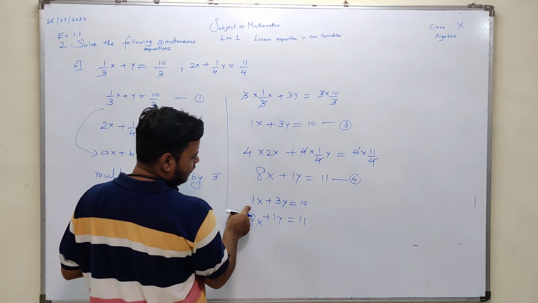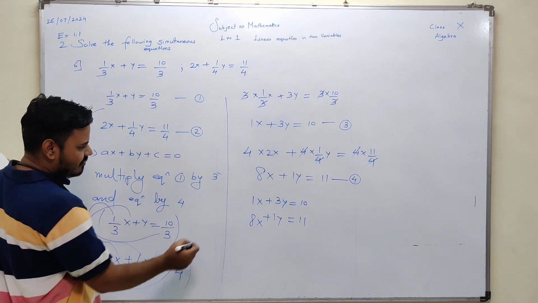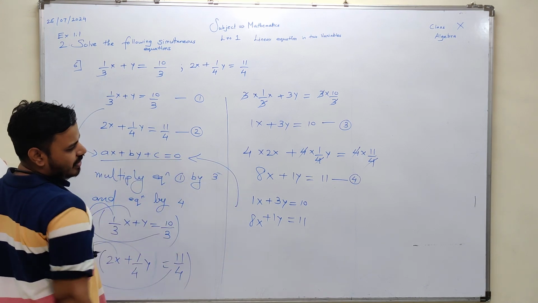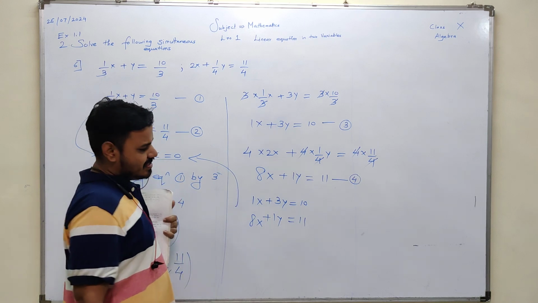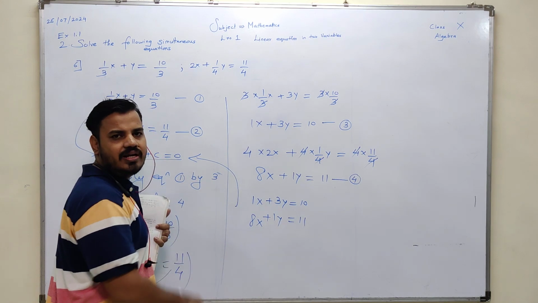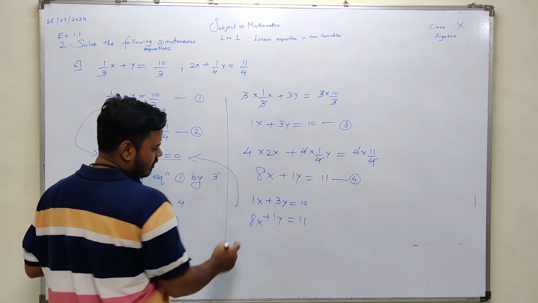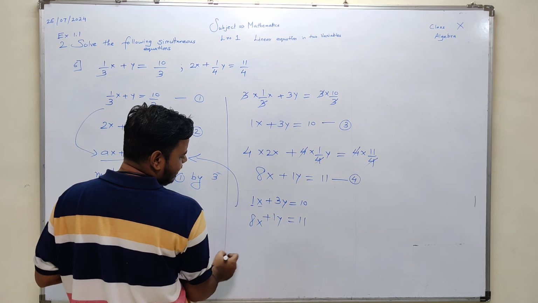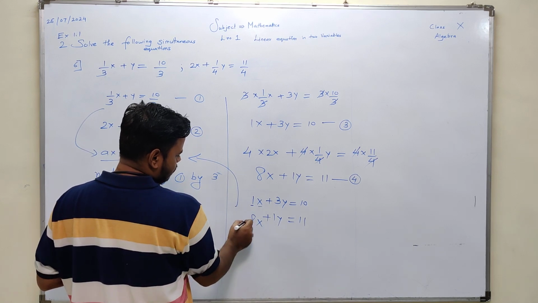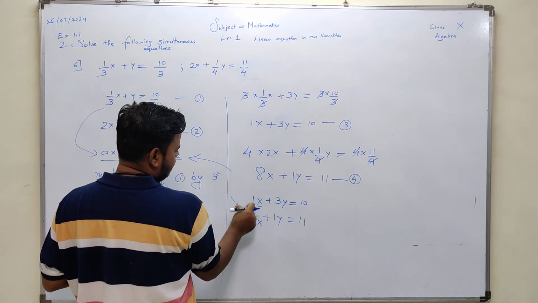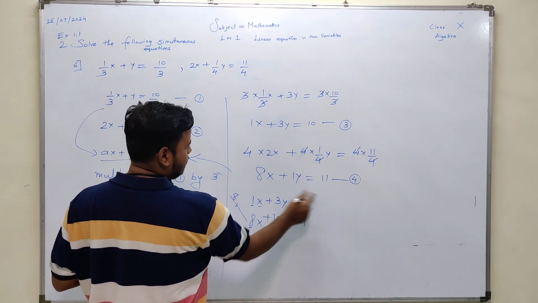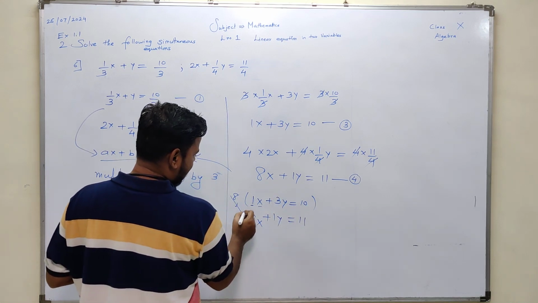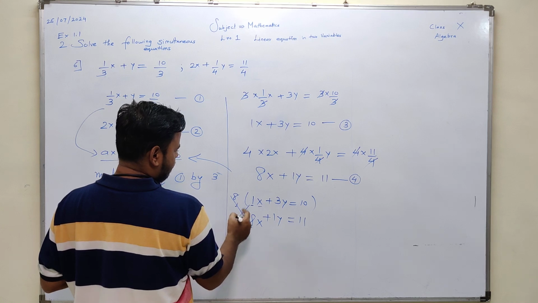Now you have to see the coefficients. This is the form which was required. Now we got it in this form. We can solve this as usual, as we solved the earlier examples. You have to see carefully the coefficients of x. Here we have 1, here we have 8. So multiply the first equation, this third equation, by 8 and this fourth equation by 1.